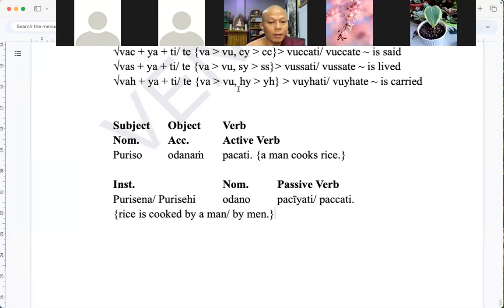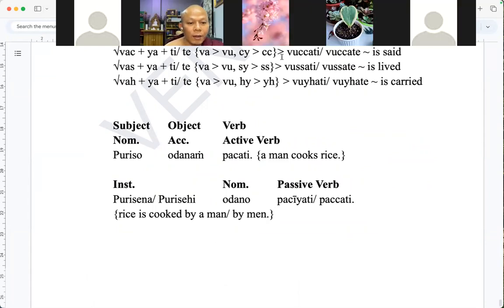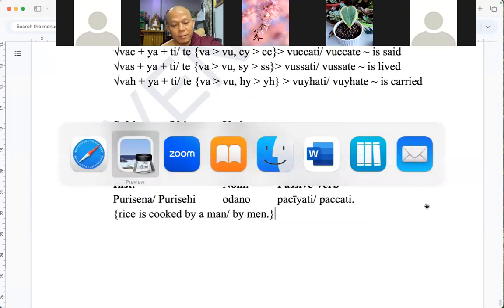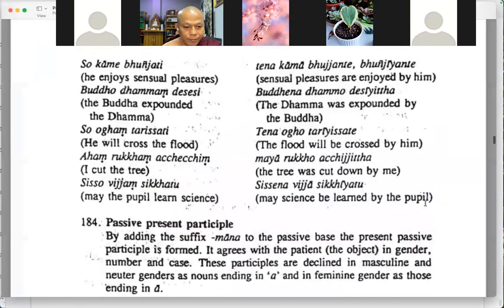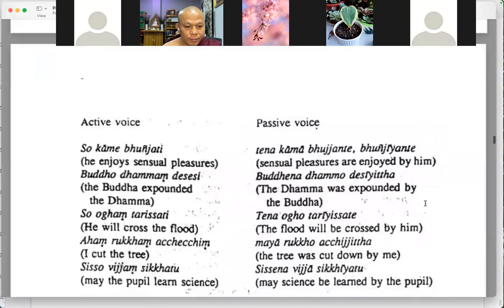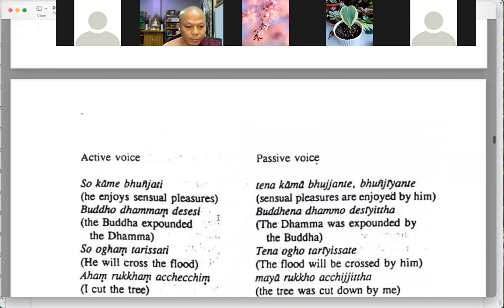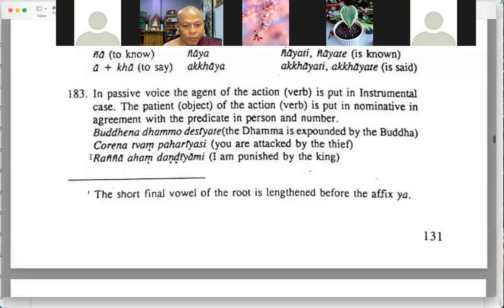Okay. And then Sumana. Yes, Bante, can you explain more about by the king in the instrumental case? This one, right? Yes, correct.